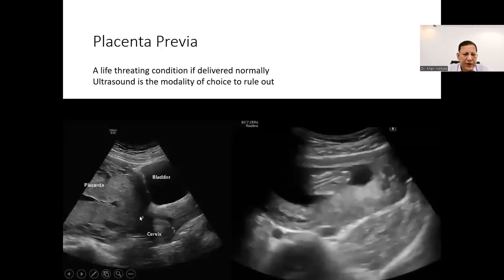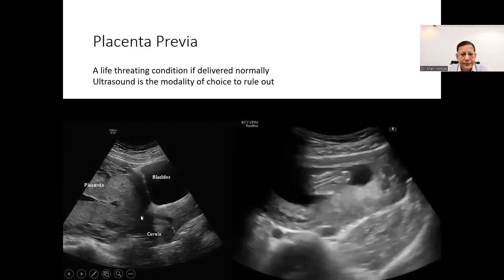As in the previous image, I told you the cursor at the top is the internal os, and the one on the outside is the external os, and from internal os to external os is the cervix, the lower part of the uterus.